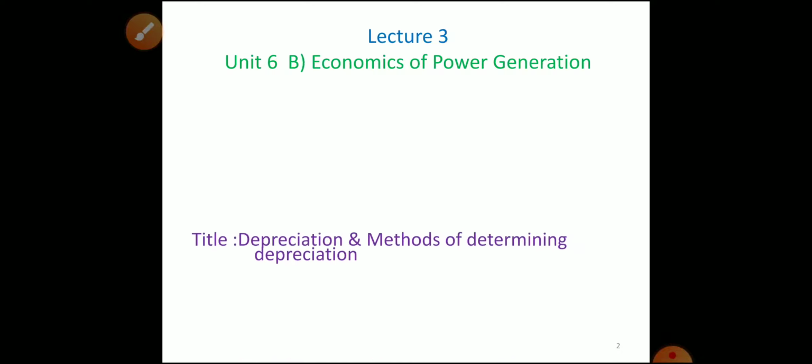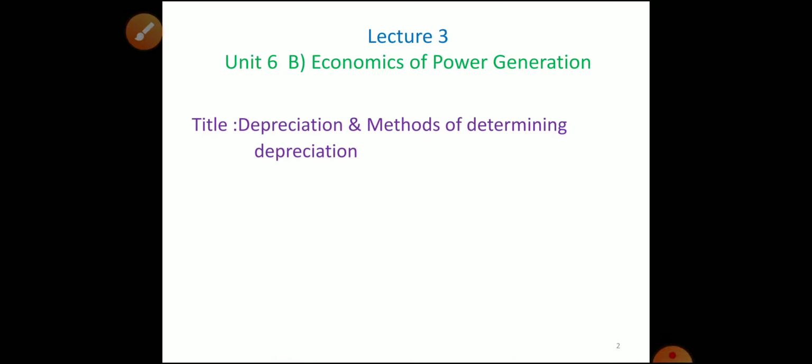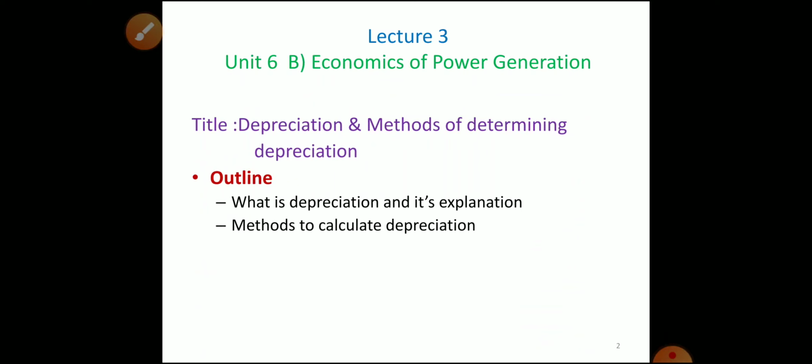This is my third lecture on Unit number 6, B part, Economics of Power Generation. The title of this lecture is Depreciation and Methods of Determining Depreciation. In this lecture, I am going to cover what is depreciation and its explanation, and what are the different methods to calculate depreciation.